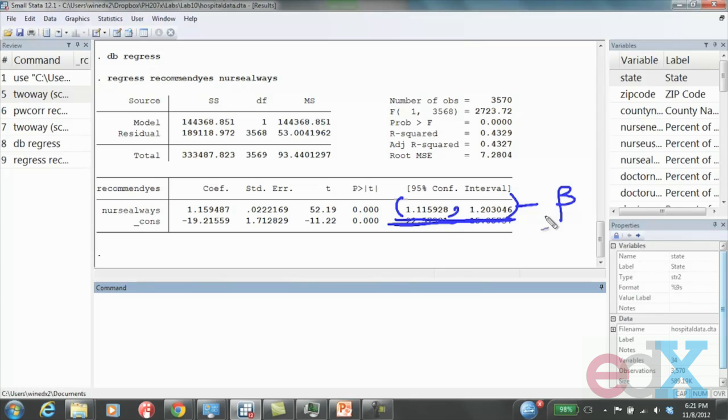And the key thing to talk about when we're interpreting beta is it tells us about the behavior of our outcome yi on average. So really, it tells us about the expected value of yi given our covariate. So that's how we would go about interpreting beta. Next, let's look at alpha.